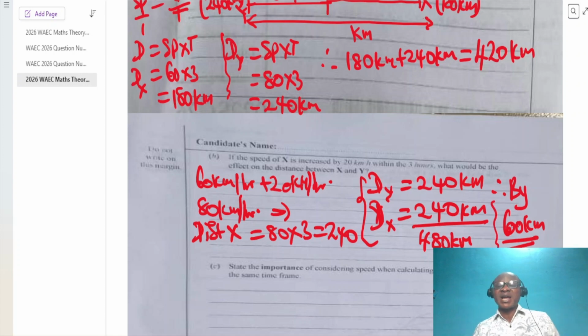The new distance now, instead of 420 kilometers, is now 480 kilometers. So that is a change in distance between X and Y by 60 kilometers. All right. So that is for question B.